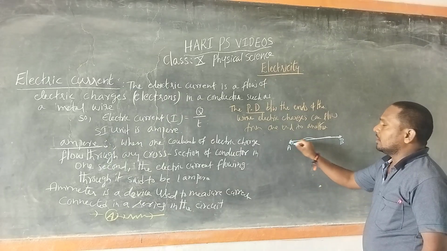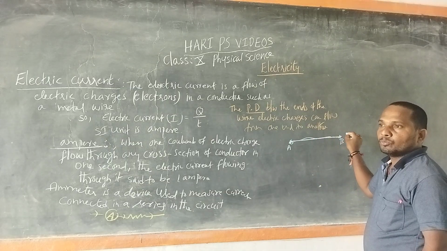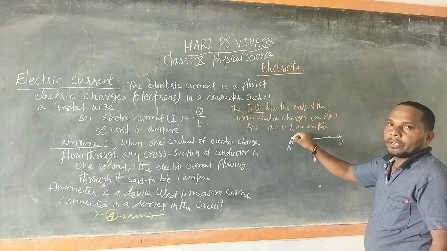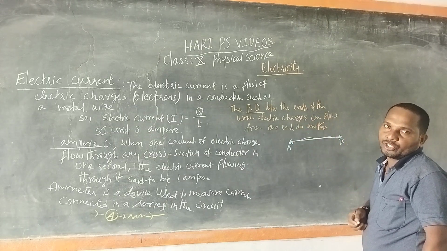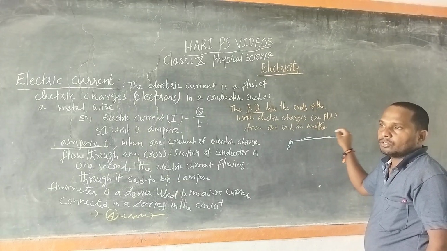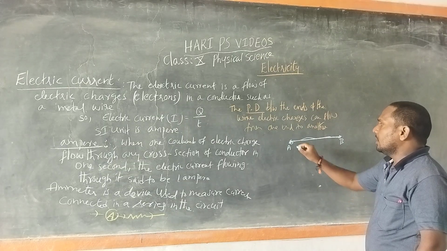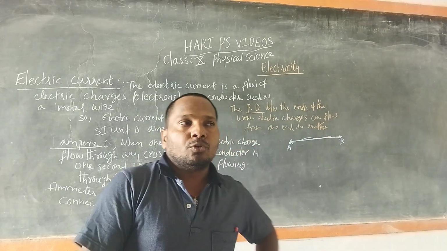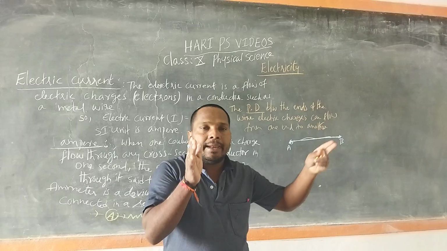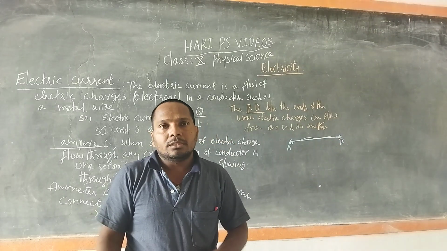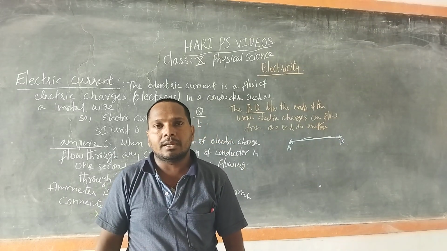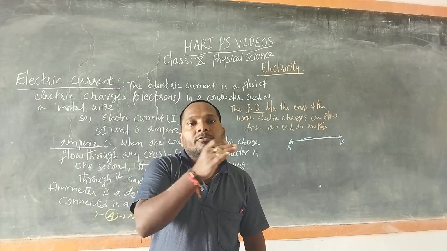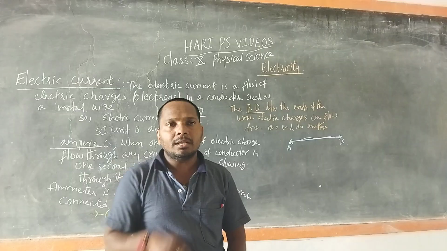So why is work done to move a charge from one end to another end? From higher electrical potential to lower electrical potential, due to the potential difference. So the potential difference between the ends of the metallic conductor makes the electric charges flow from one end to another end.